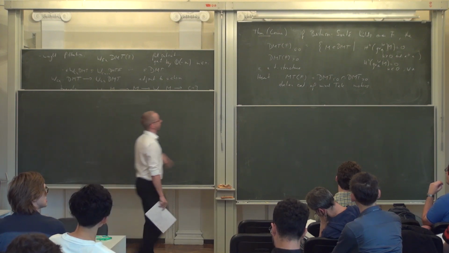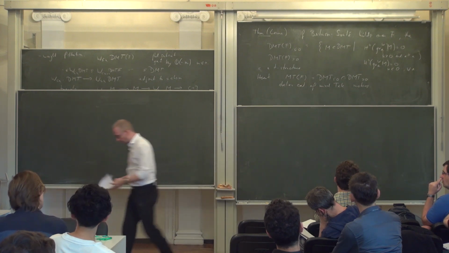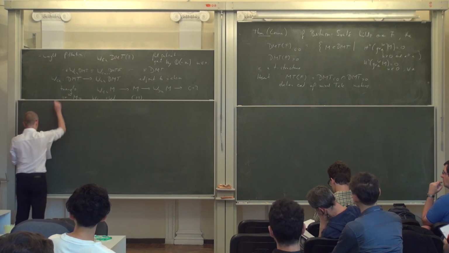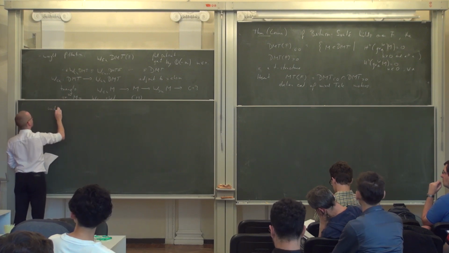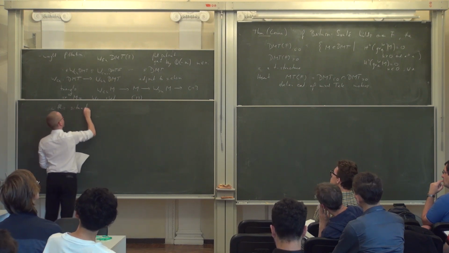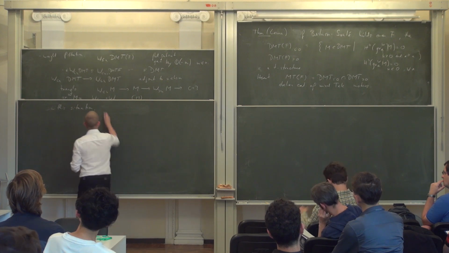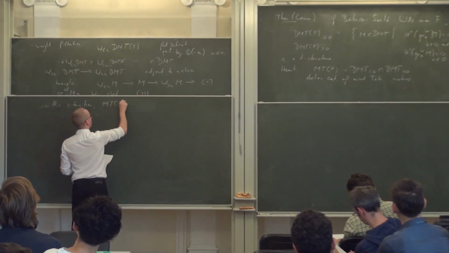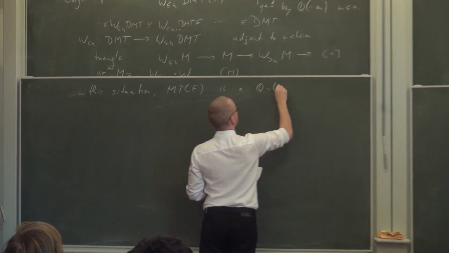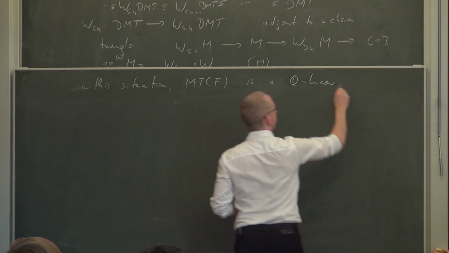So, right, if we have the Beilinson-Soulé vanishing, then we get an abelian category of mixed Tate motives. We actually get more. We get that this MT of F is a Q-linear abelian tensor category.